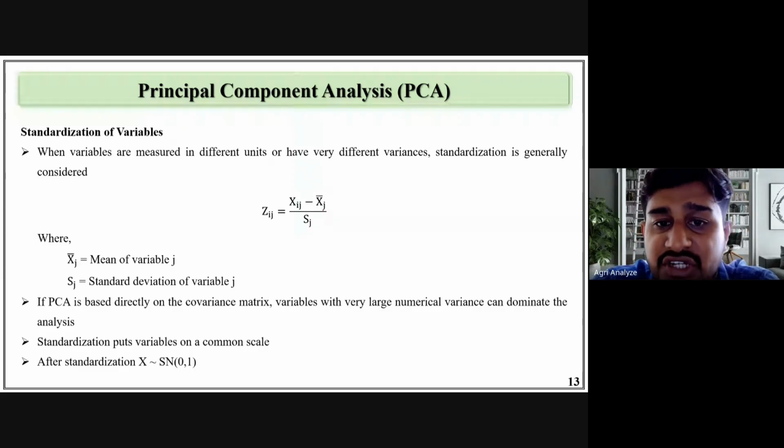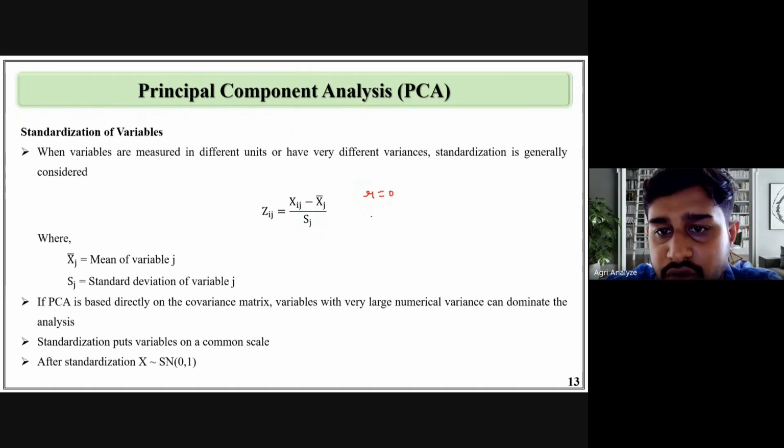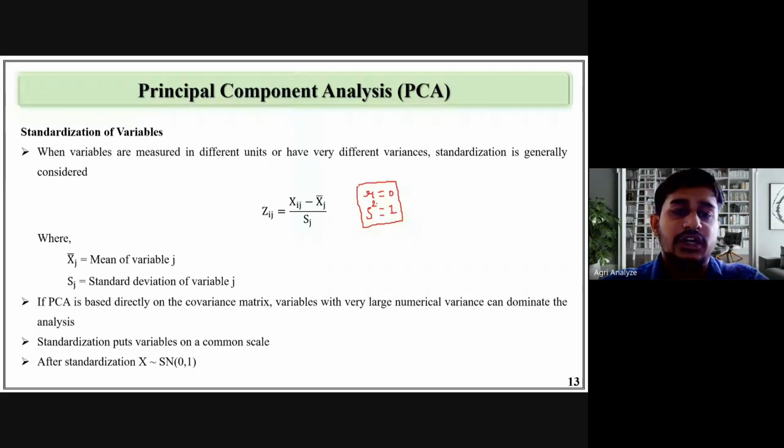This way all the variables have mean equal to 0 and standard deviation equal to 1, or variance also equal to 1. Okay, got it? How we standardize our data and why we standardize our data?